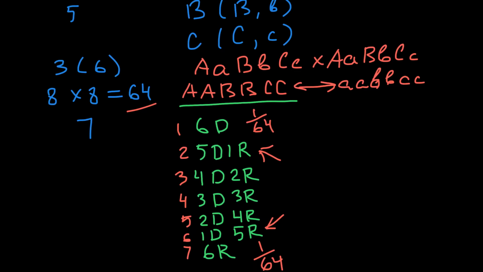So 5 dominant alleles would be, for example, capital A, capital A, capital B, and capital C, small c.